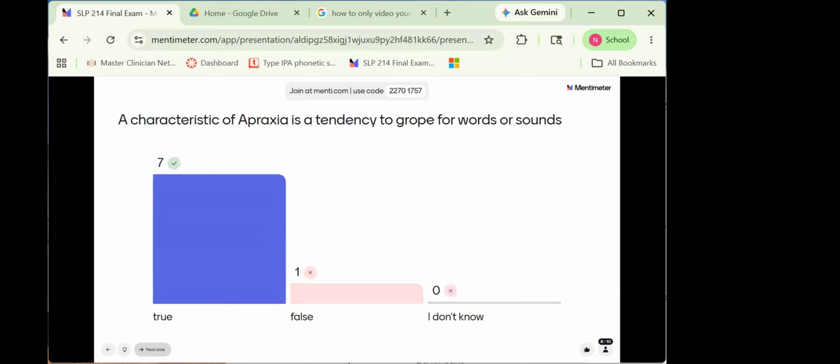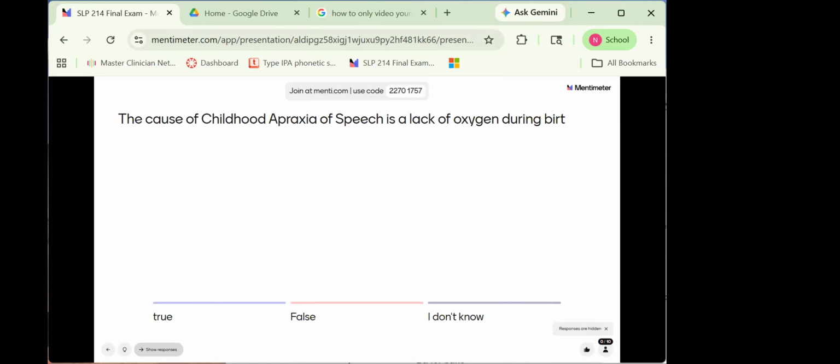It is true. Apraxia, you see people with a tendency to grope for sounds or words.